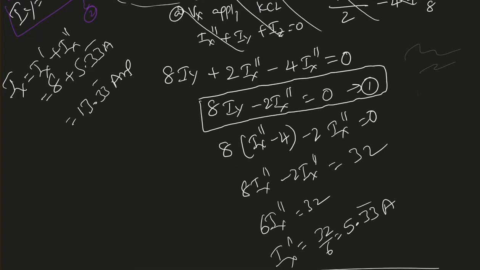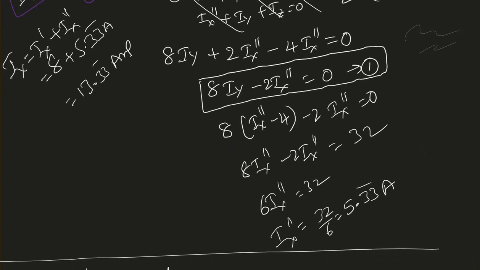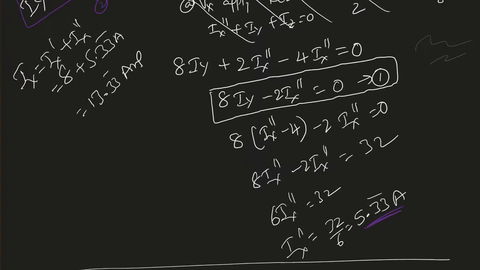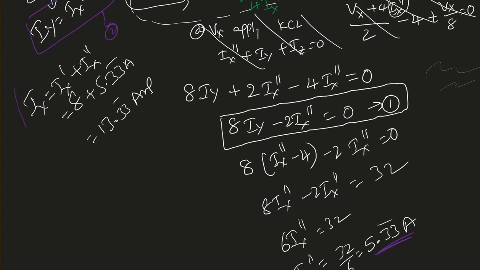Using the substitution method, I found that Ix double prime equals 5.33 ampere. So the final answer to find Ix equals Ix prime plus Ix double prime, so 8 plus 5.33, the final answer is 13.33 ampere. I'll stop this video here. Thank you.